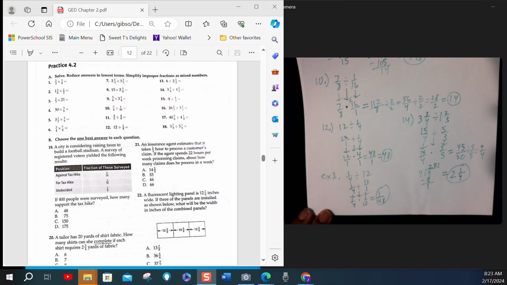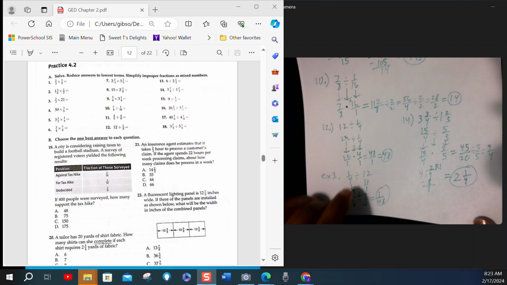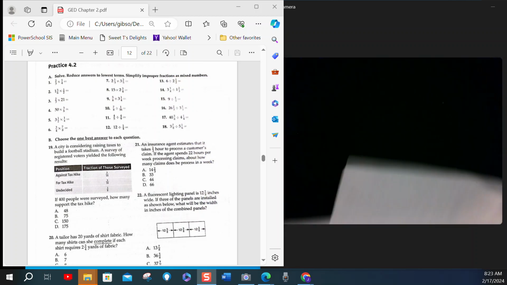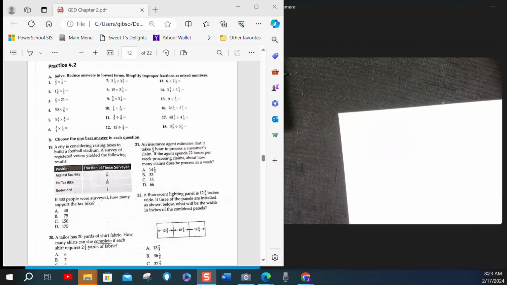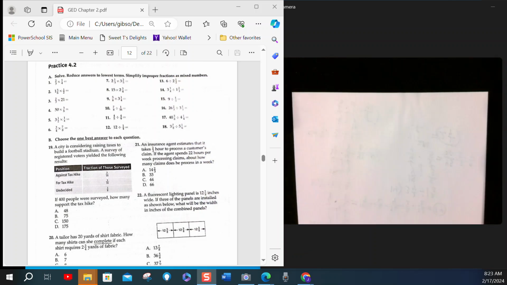So basically, we covered just about every scenario of these type of problems, but I'm going to do 17 because that's a larger mixed number divided by a larger mixed number. So I'll do 17, and then we'll move on to the word problem.